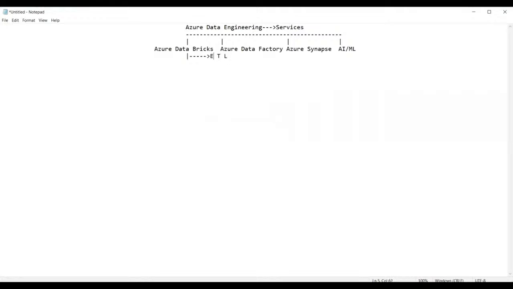ETL stands for extraction, transformation, and loading. Azure Databricks is a service provided by Microsoft within Azure Data Engineering for the purpose of extraction, transformation, and loading.